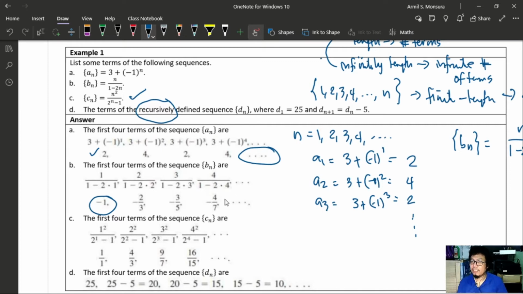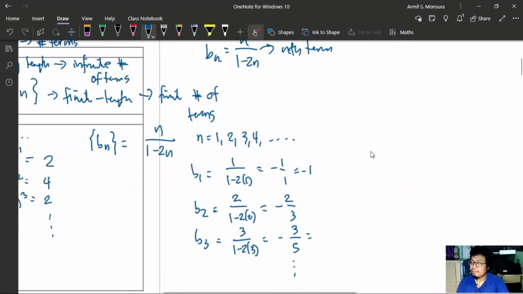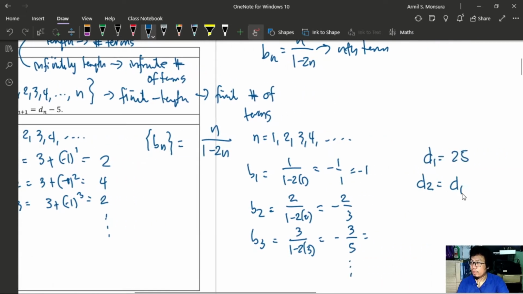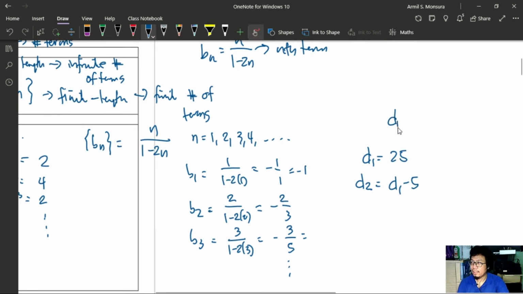So here the definition states: the terms of the recursively defined sequence d sub n, where d1 is 25 and d sub n plus 1 equals d sub n minus 5. So it means that we are given that d1 is 25. Now d2, according to this rule, is d1 minus 5. Again, the rule is d sub n plus 1 equals d sub n minus 5.